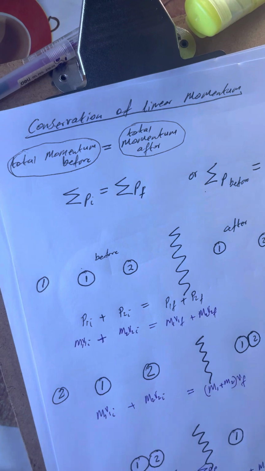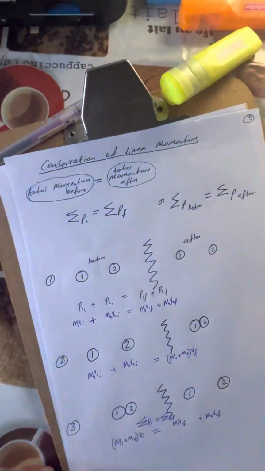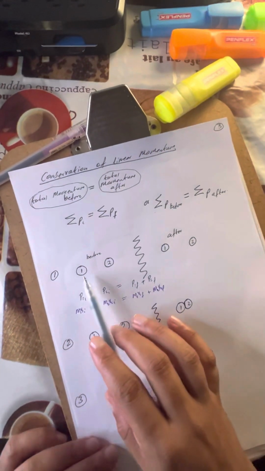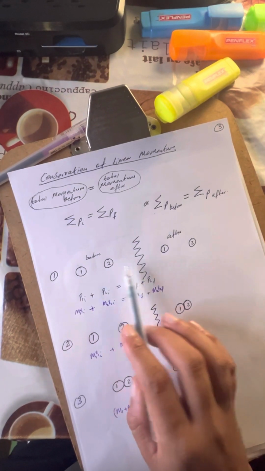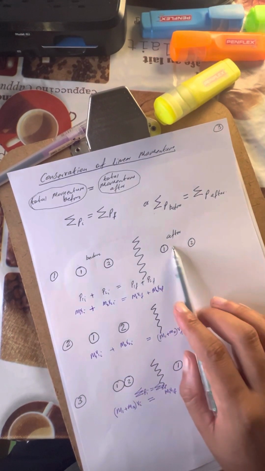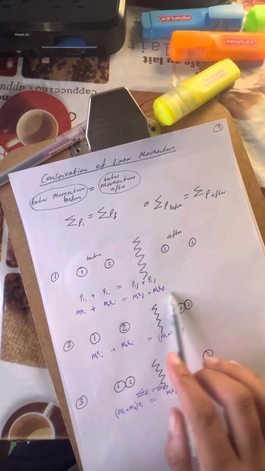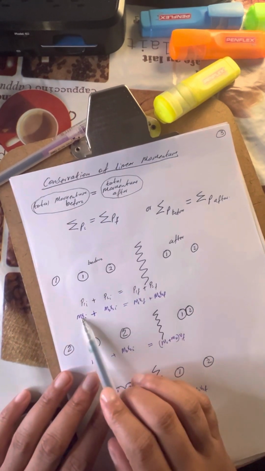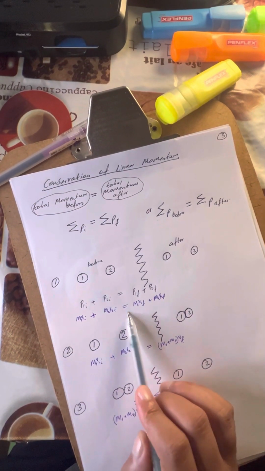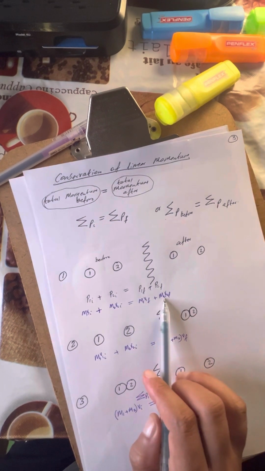In scenario 1, the two objects were separate before collision. Then they collide. After collision, they remain separate. We represent that as momentum of body 1 plus momentum of body 2 equals momentum of body 1 plus momentum of body 2 after collision.